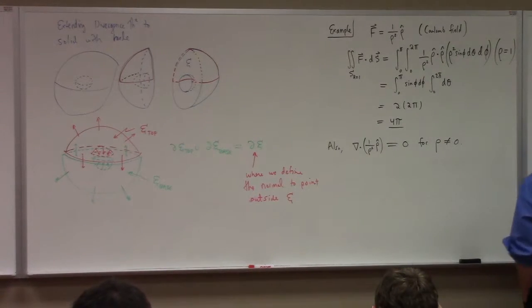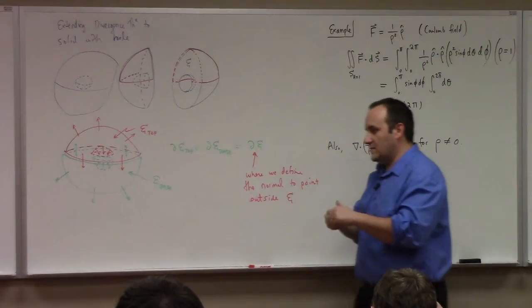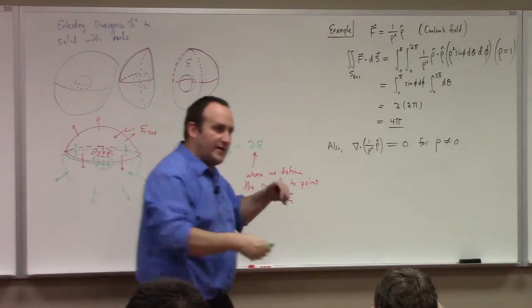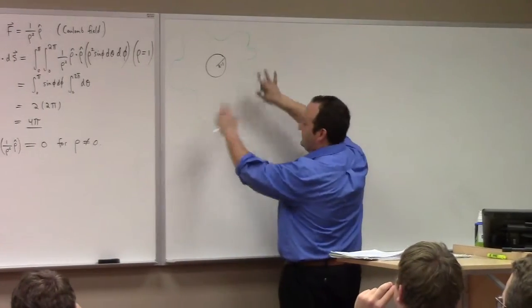So consider this then. Here is the sphere of radius 1. I'm just going to draw kind of a two-dimensional version of it. You can imagine these things bubbling into and out of the board. And then take any simple surface that you like, any surface without holes which is outside the sphere of radius 1. It doesn't matter what it looks like. This is just a two-dimensional slice of it.